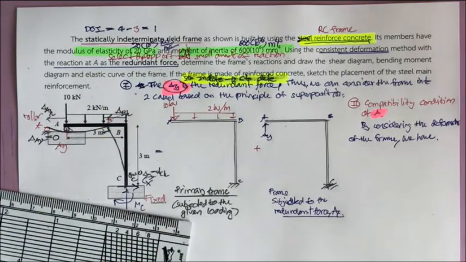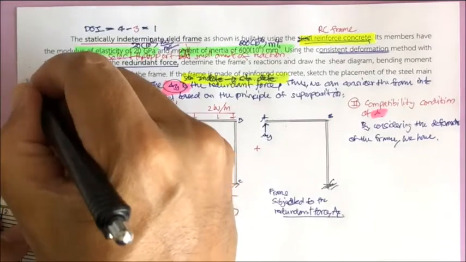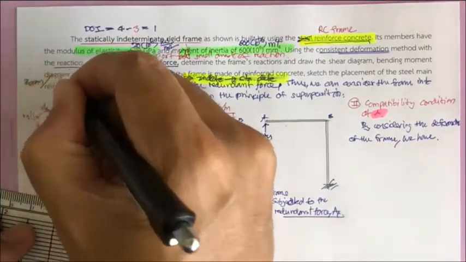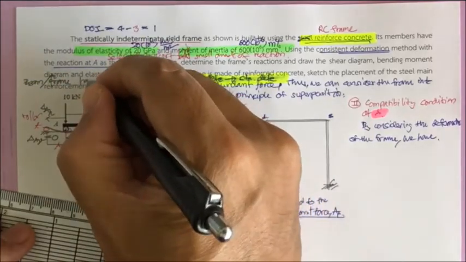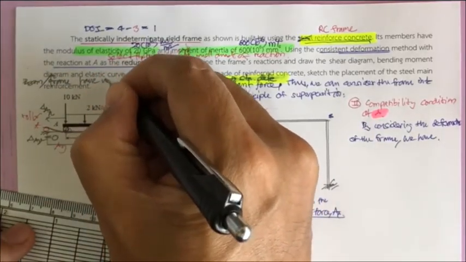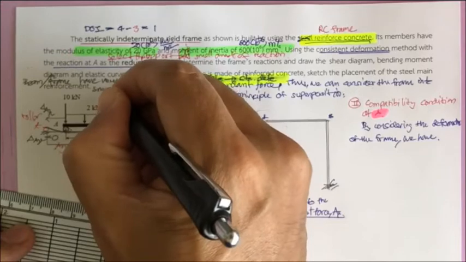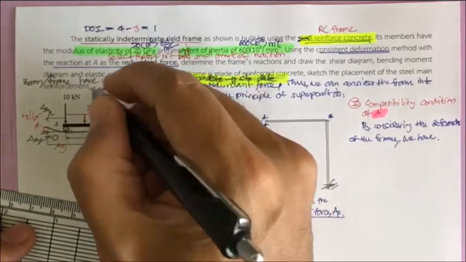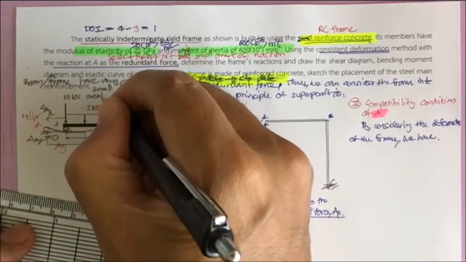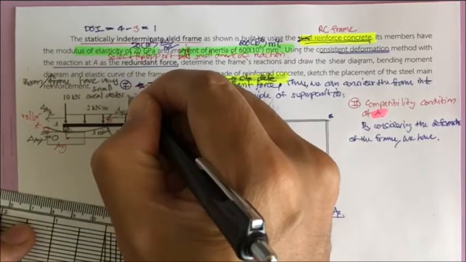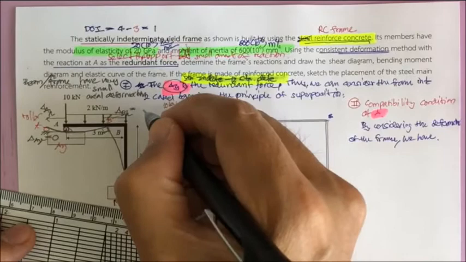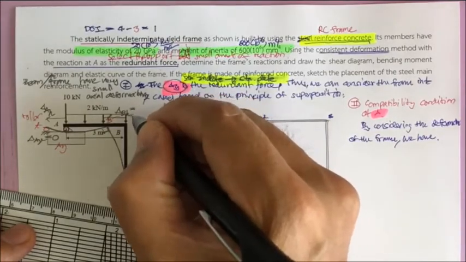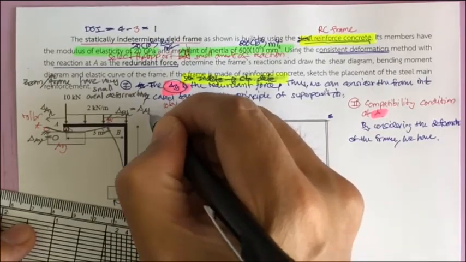Since the beam and the frames have very small axial deformation, you may get this one: delta sub BH will equal delta sub AH.